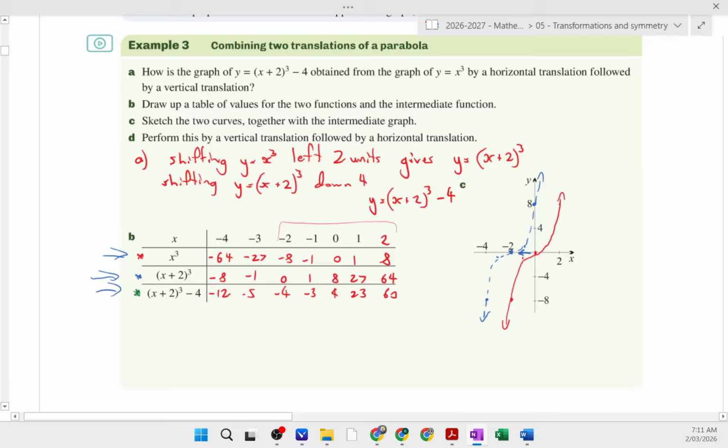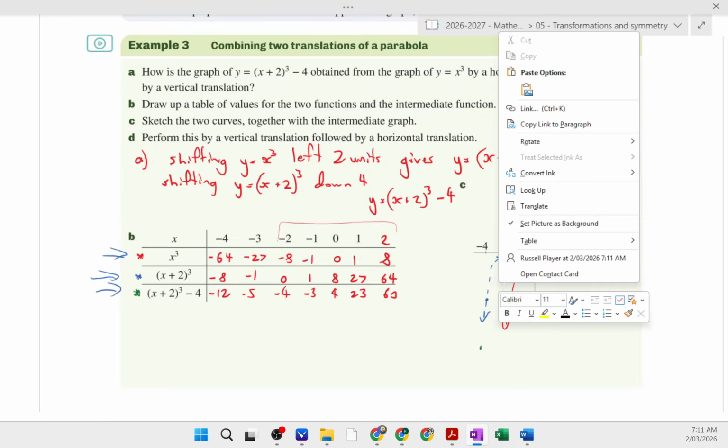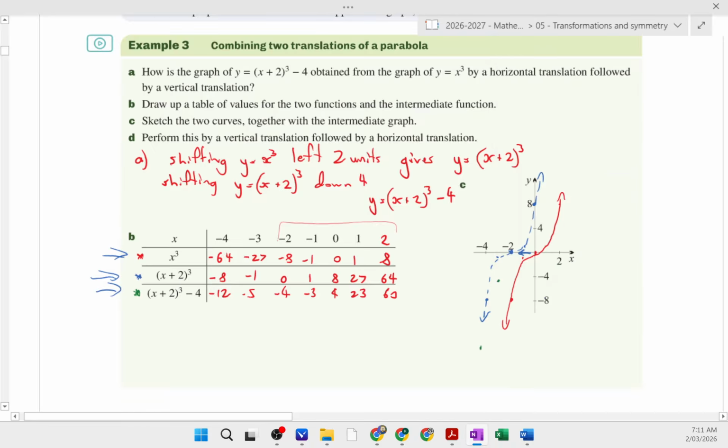So at minus 4, we're at minus 12, which will be down here somewhere. Then at minus 3, we are at minus 5, which will be about there. At minus 2, we're at minus 4, which means I'll shift that one down a little bit.